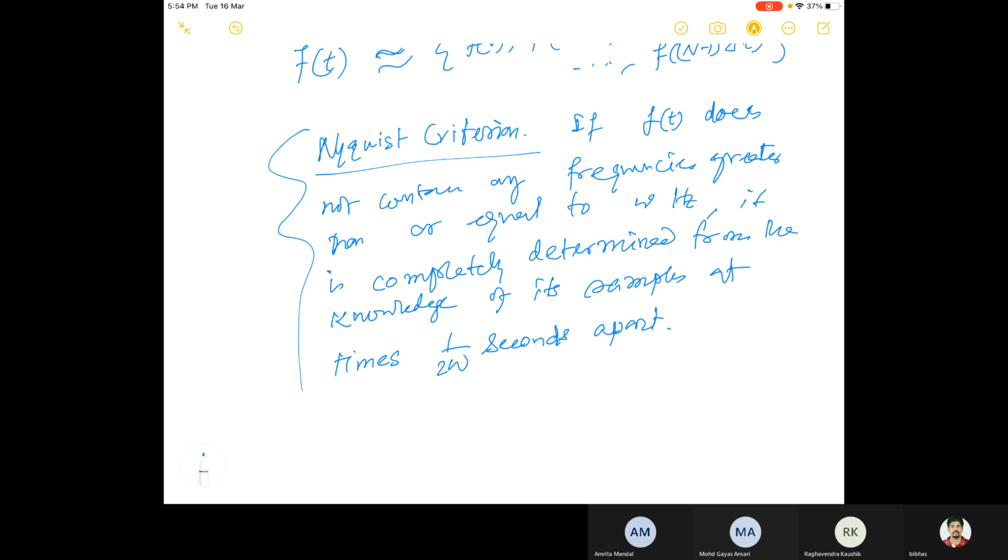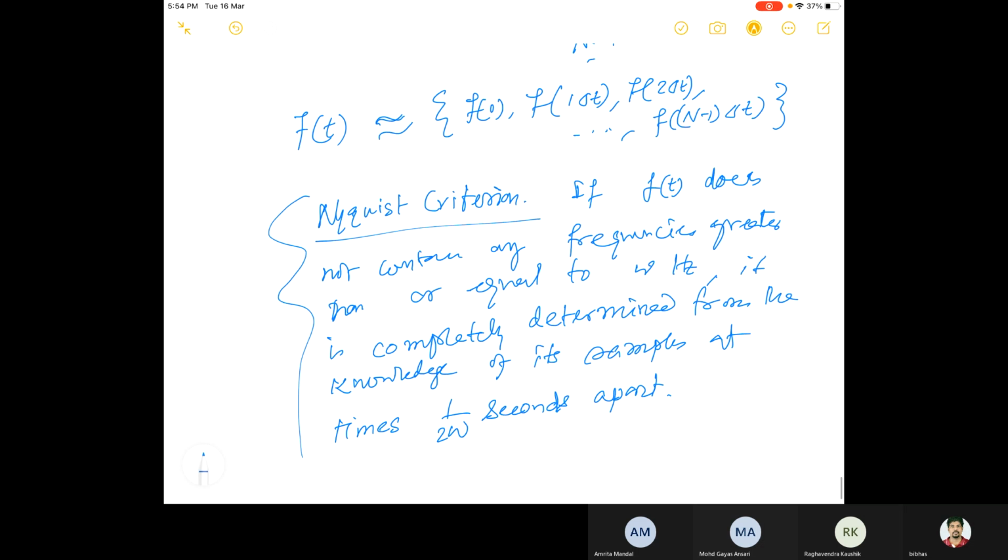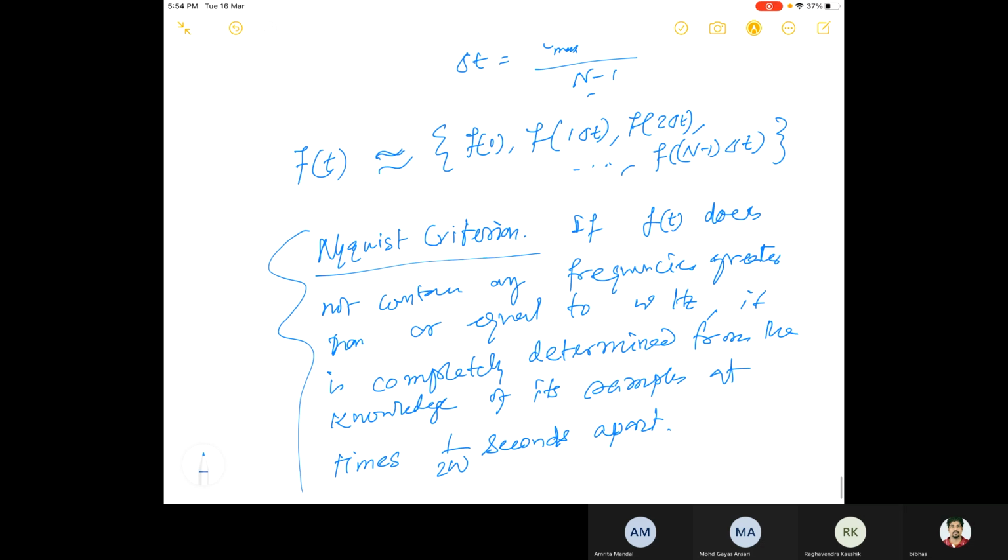Now, how does quantum come into the picture? If you have understood the discrete Fourier transform, the idea is that the information you have is this set of points f of 0, f of 1 delta t, f of 2 delta t, up to f of n minus 1 delta t.